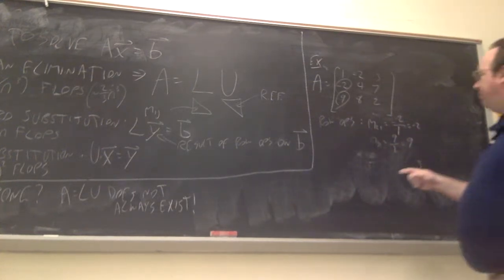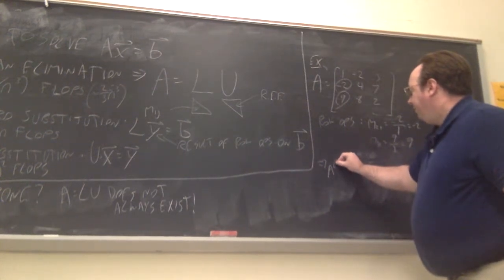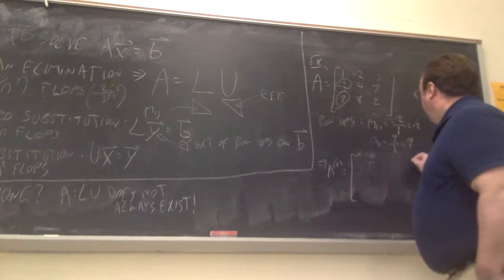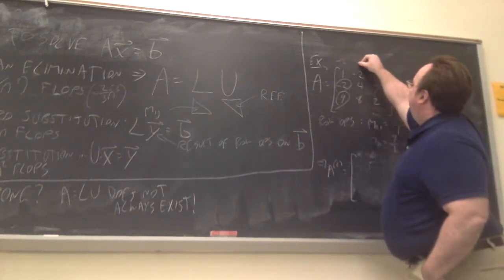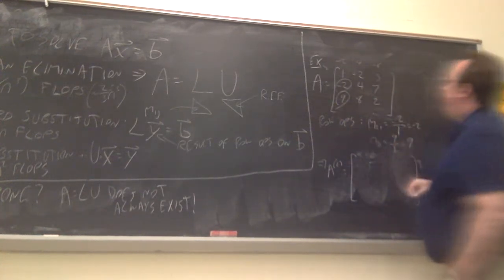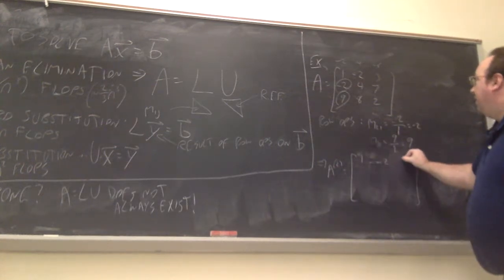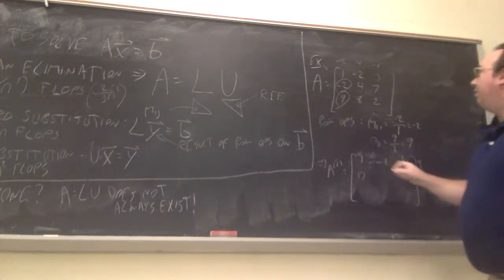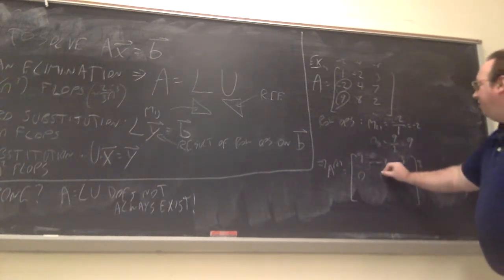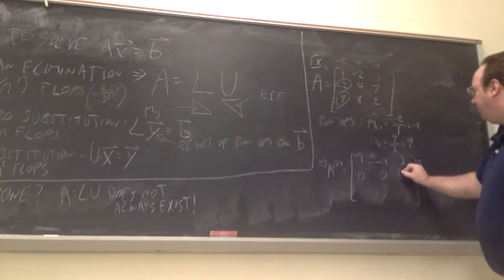So when you carry out these row operations, I'm going to take -2 times the first row, so that would be -2, 4, -6, and subtract it from the second row. So we have 0, 0, and then 7 minus 1 minus 6 is 13.